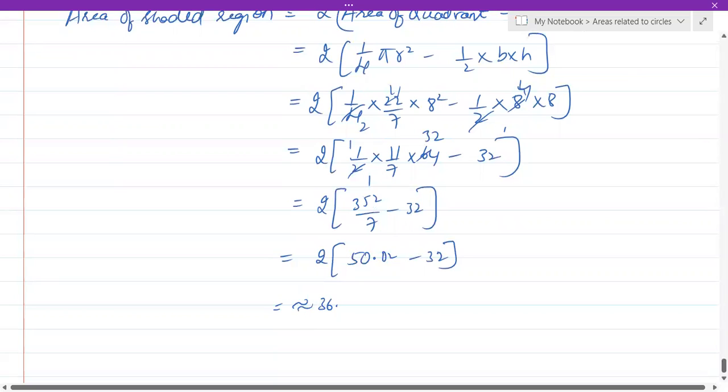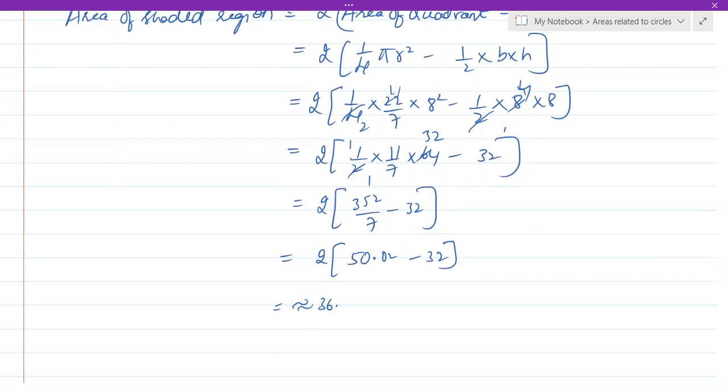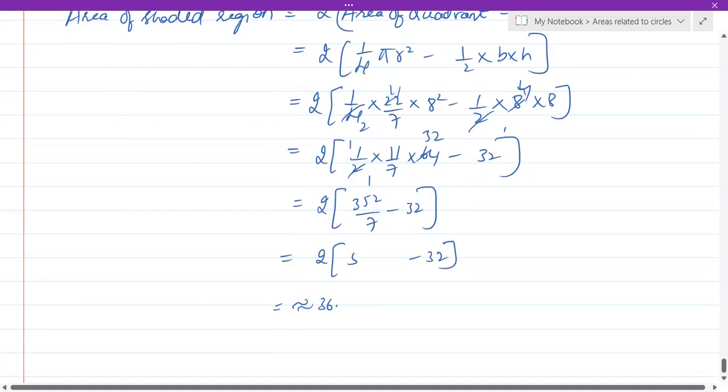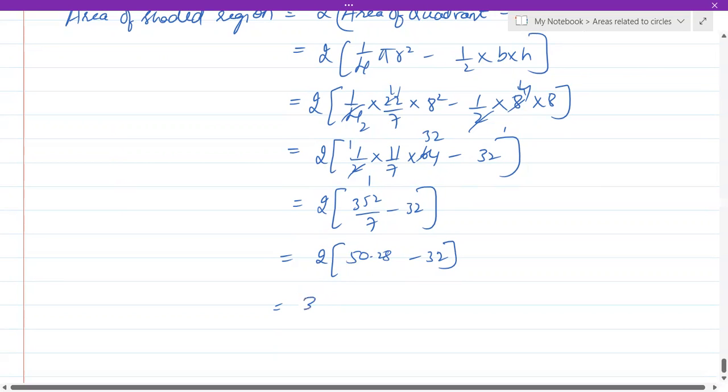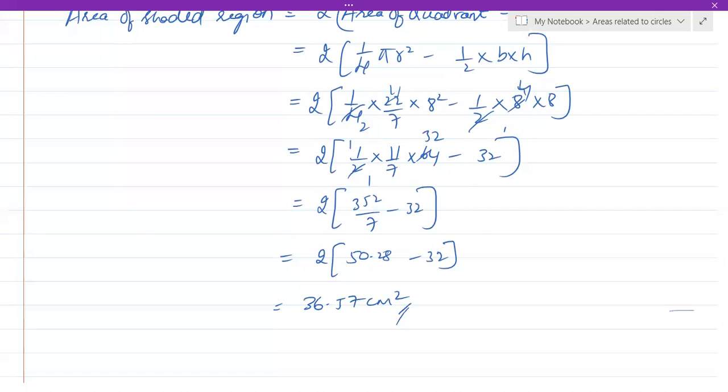Okay, let's calculate it properly. 352 divided by 7, we get it as 50.28. 50.28 minus 32 and multiplied by 2, we get 36.57. That is the required area.